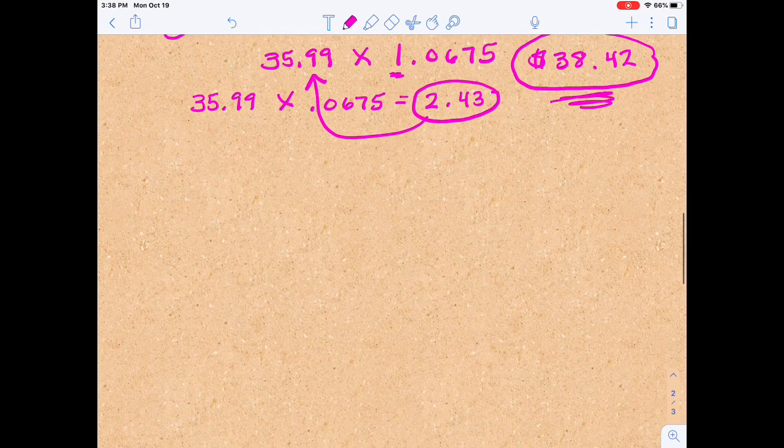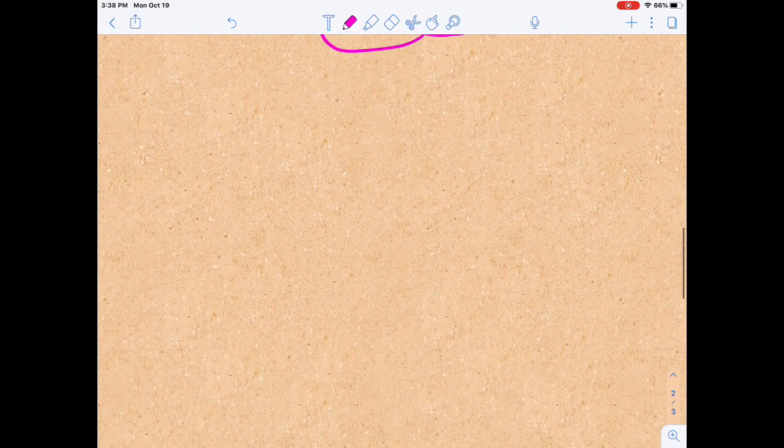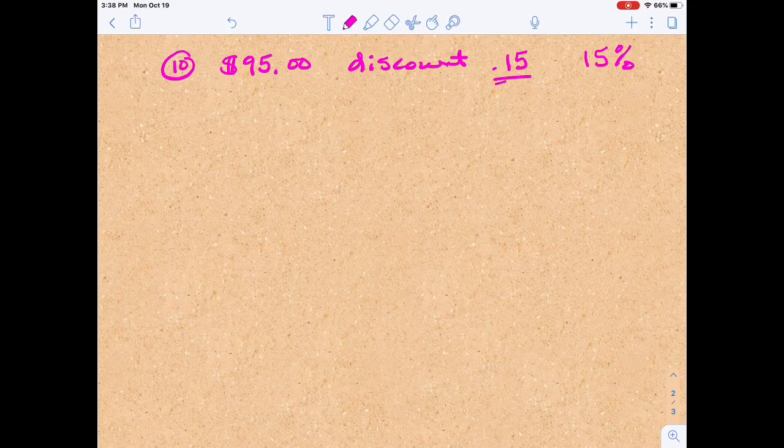All right, let's go down now and look at number 10. This is a discount, okay? So I have a guitar that costs $95 and it's discounted 15%. I converted it to 0.15 without thinking very much. So when I do 0.15 of $95, I'm going to get what the discount is.